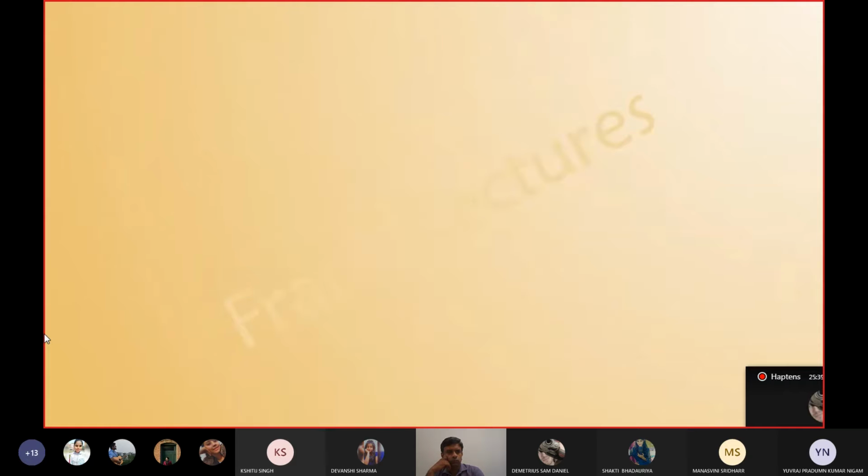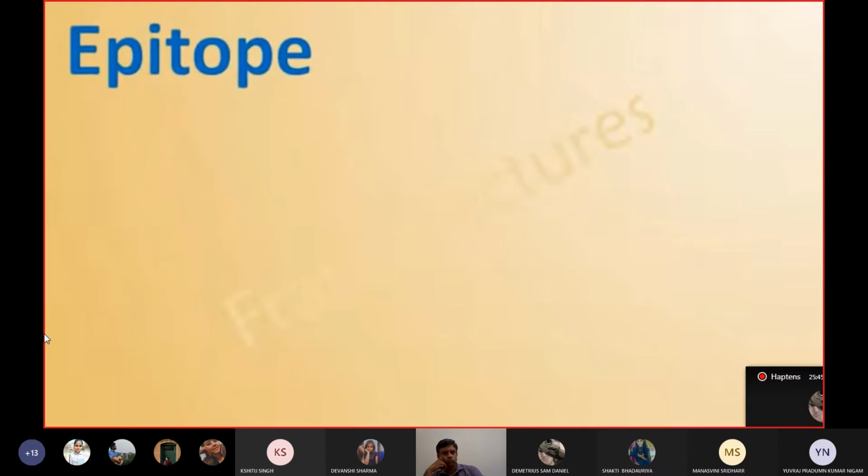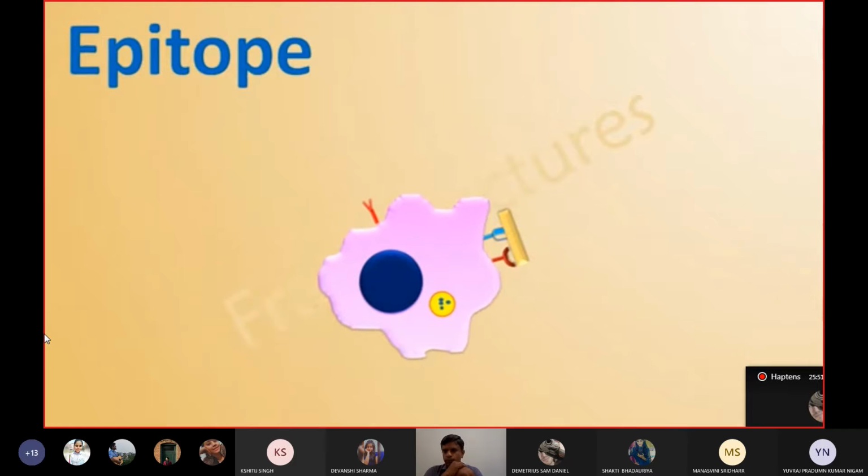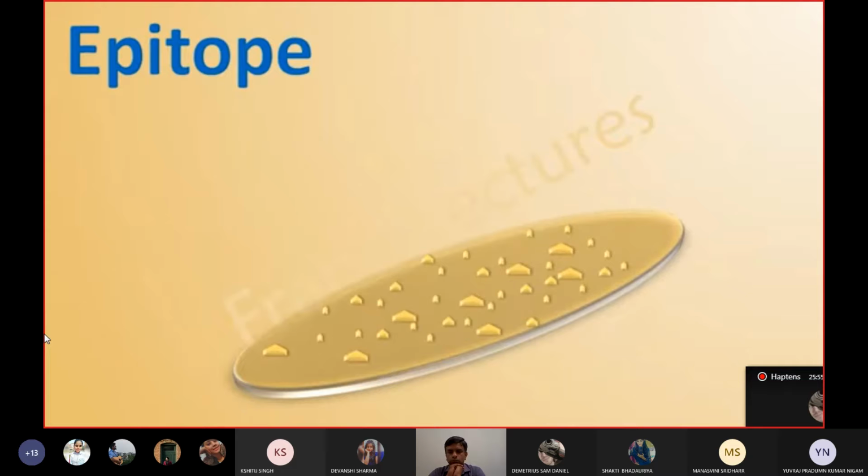Now that we understand the term antigen, let's move on to the next term, which is epitope. If you remember previous lectures, we said that the immune system does not recognize the whole pathogen but portions or parts of these agents. We termed these portions or parts antigens.